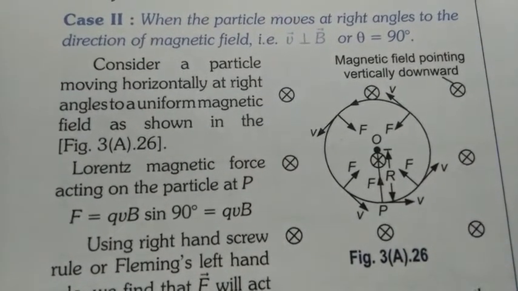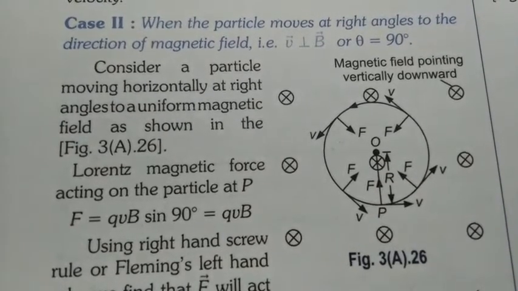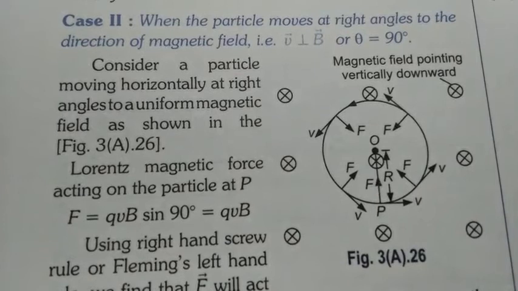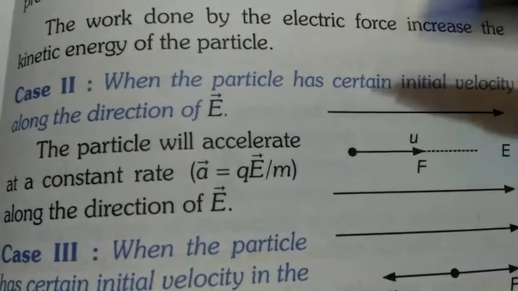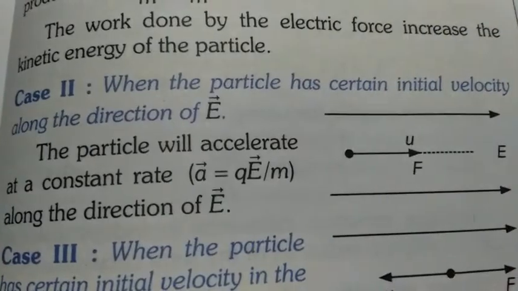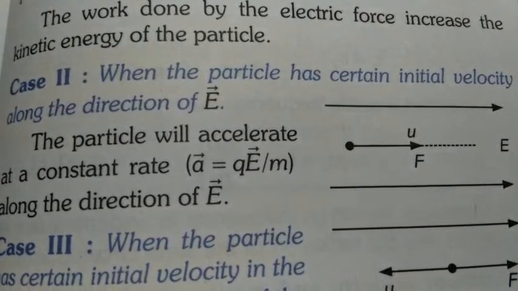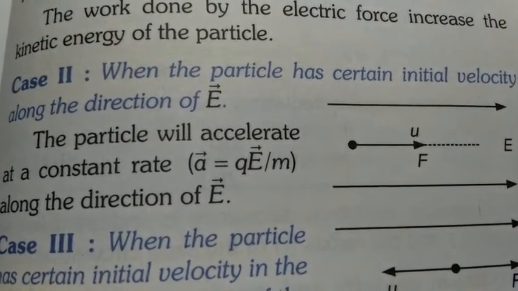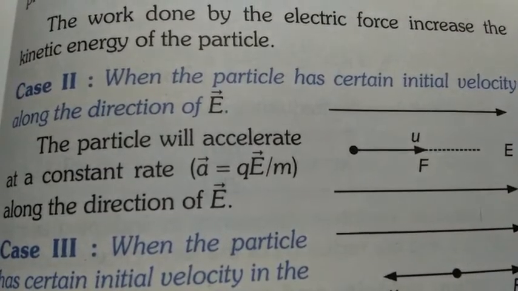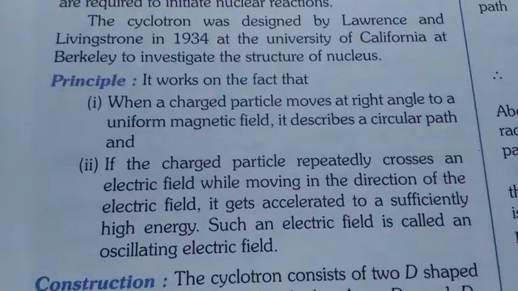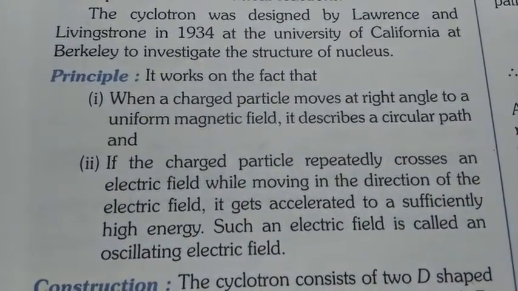Keep this in your mind. When the particle enters the magnetic field at an angle of 90 degrees, it moves in circular motion. The second point of the principle is this one. When the particle has a certain initial velocity along the direction of E, that means the particle is moving in the direction of the electric field, it gets accelerated. Its speed increases. Those two cases we are using here as the principle of the cyclotron.